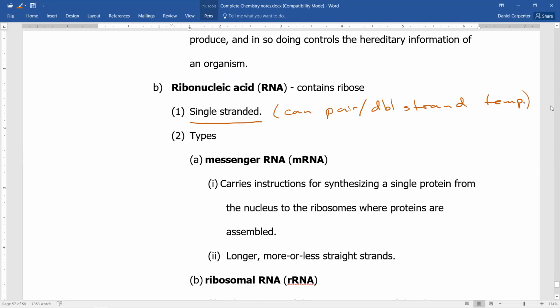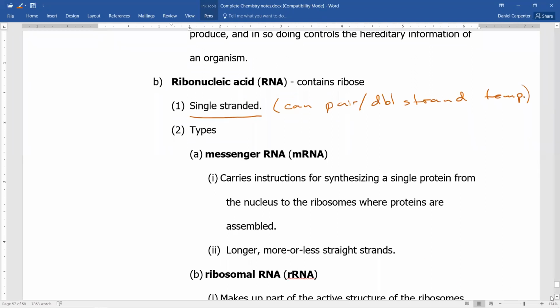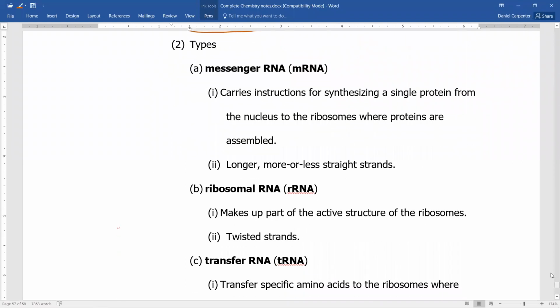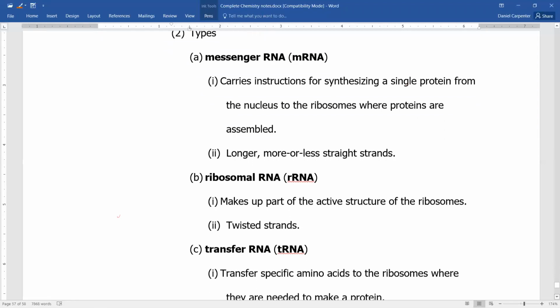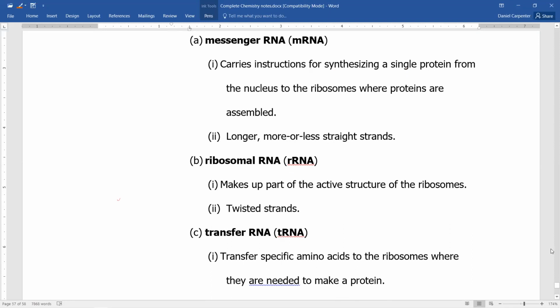Now, forever, we said there were three kinds of RNA. But as we're getting more knowledge, we're discovering more kinds of RNA that are much less common. So these three kinds of RNA are the main types. You could put the bracket down to all the subpoints, but they're not on the screen right now.